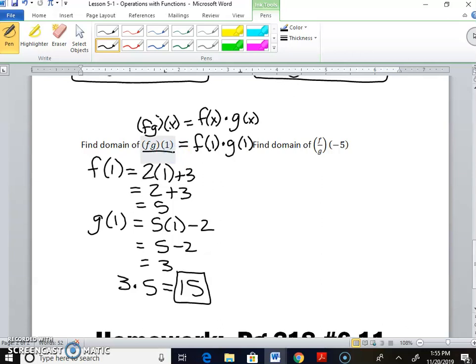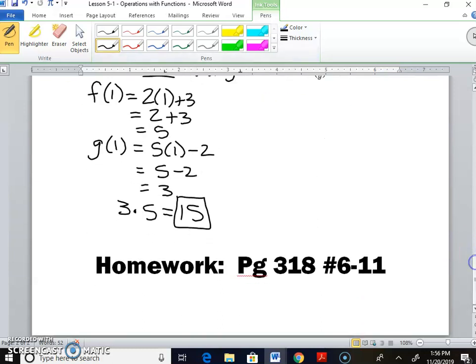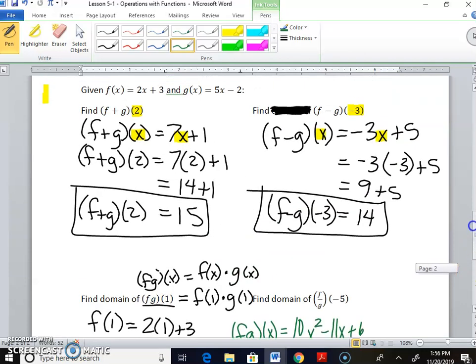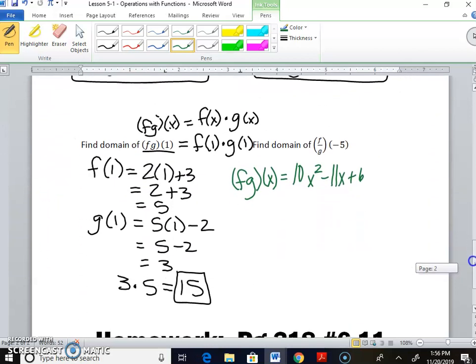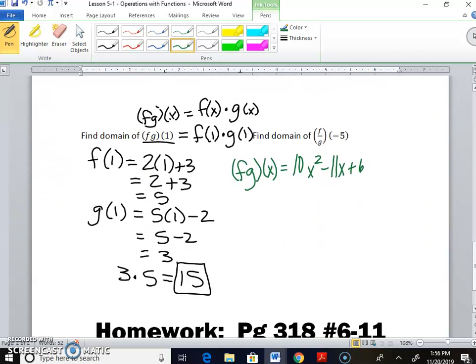But like we said, we already found out that fg of x equaled 10x squared plus 11x minus 6. I had my signs wrong on that.